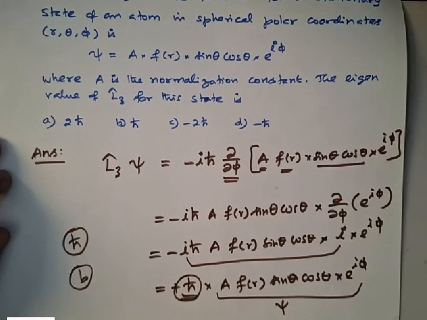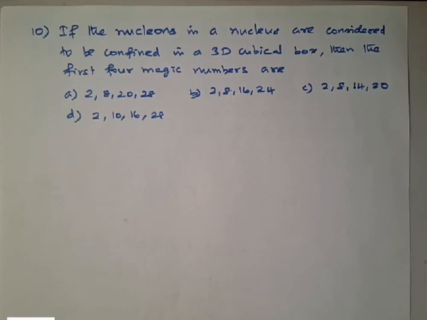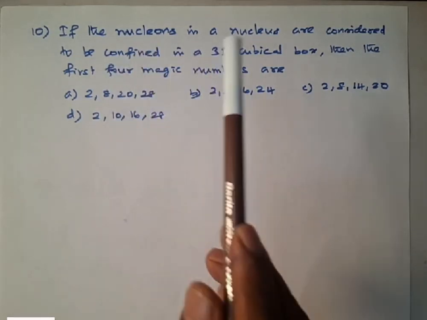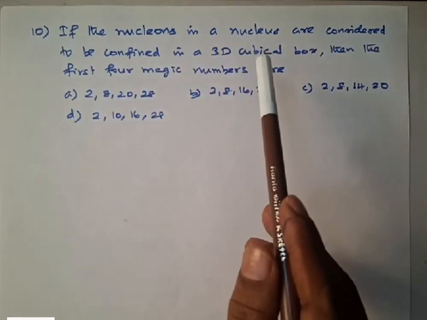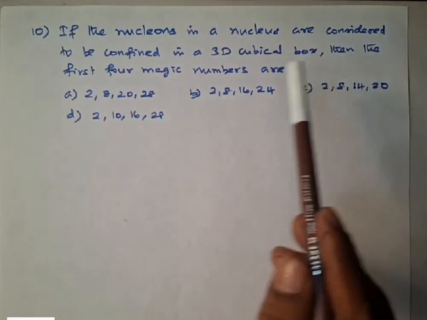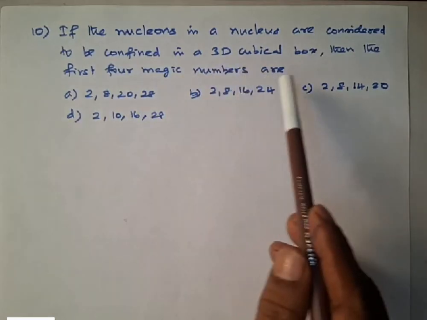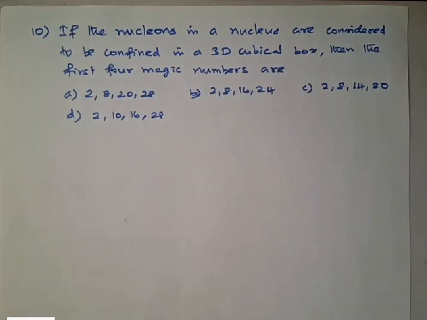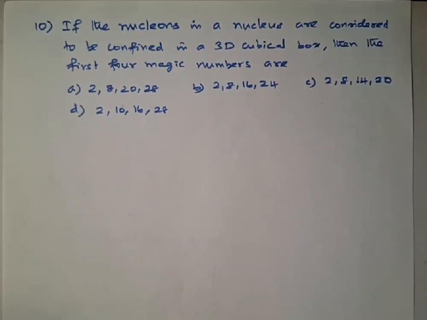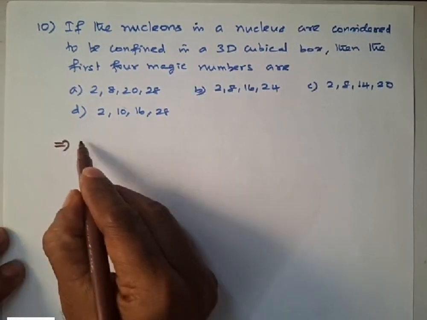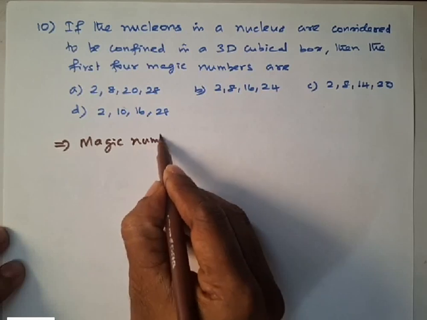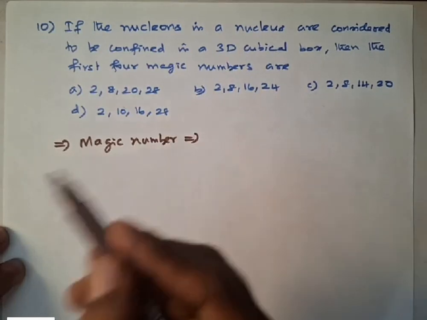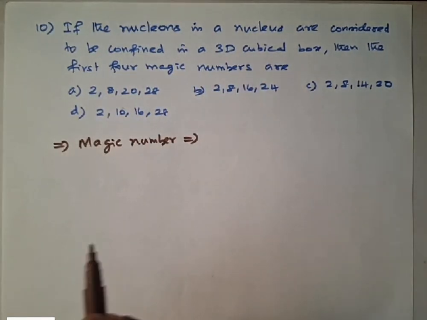Okay, take down. If the nucleons in a nucleus are considered to be confined in a three-dimensional cubical box, then the first 4 magic numbers are, okay, you know very well, magic numbers in nuclear physics or nuclear chemistry, you might have seen this.